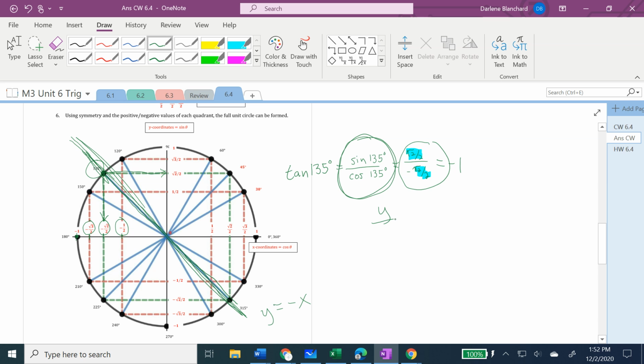And what do we know about y divided by x? It's how we defined slope. So tangent wound up being defined in the same manner as slope is defined.